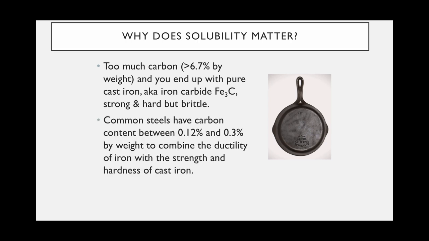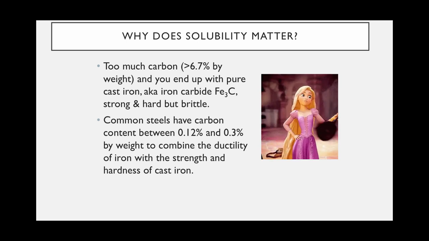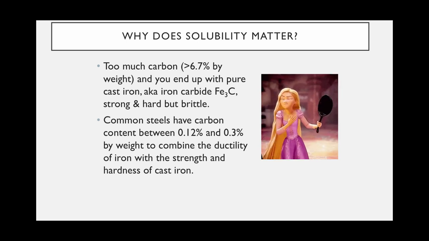Now, if you get somewhere in between, then you can get some of the hardness and strength, but still some of the ductility and malleability of pure iron. And so common steels have carbon content somewhere between 0.12% and 0.3% to get that ideal combination for whatever the purpose that steel is for, but you can still get that nice hardness and strength of your cast iron.